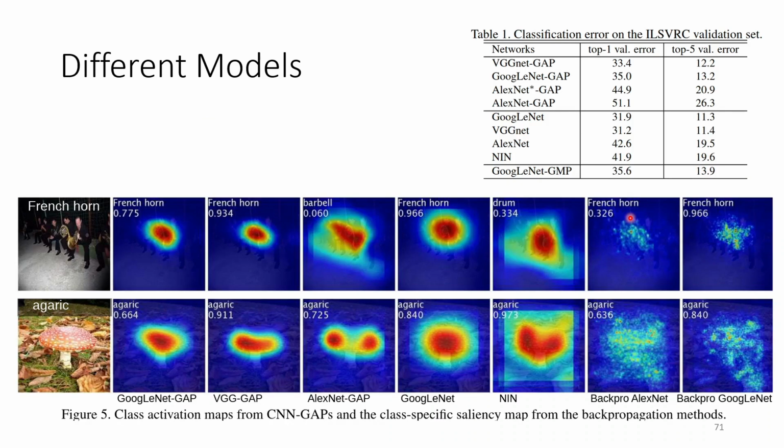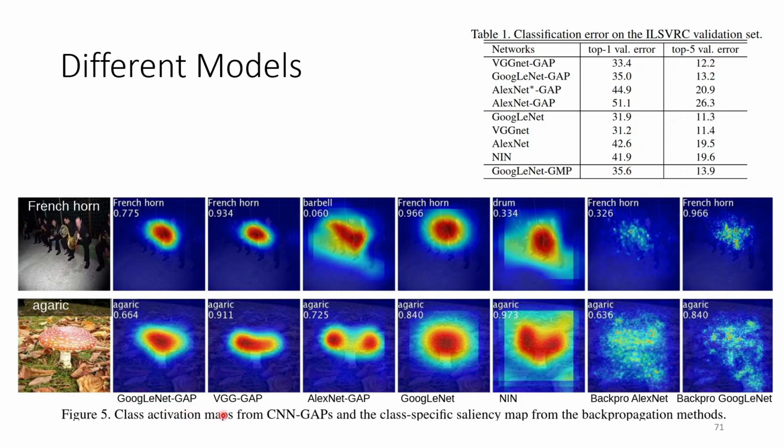Because there are many different convolutional networks, AlexNet, ResNet, GoogleNet, etc., with CAM you can compare the biases of those networks. This is GoogleNet, but with a dash, GAP.